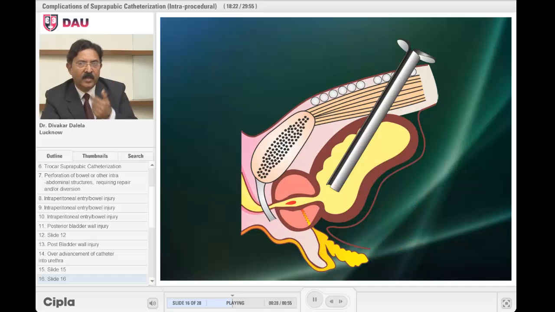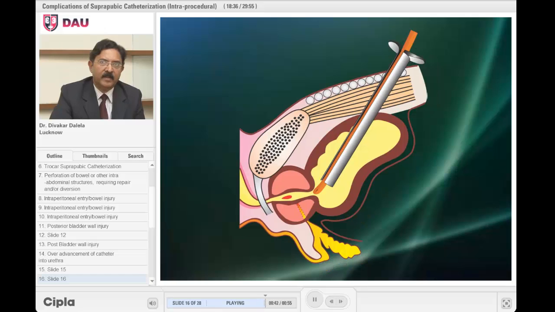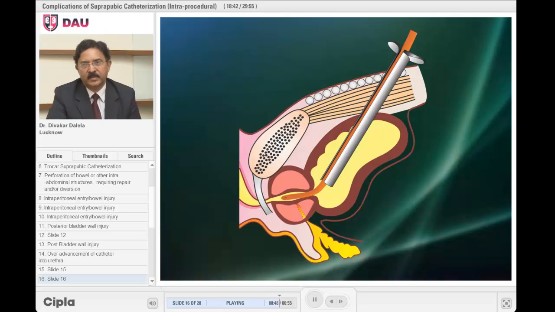And this trocar gets tilted because the bladder capacity and bladder shape change, so the trocar tilts towards the bladder neck. And look at the direction of the slotted cannula now. It is sitting right above the bladder neck. When you put the catheter through this, you are very close to the bladder neck. And if you put more of it, it goes into the urethra. So that's the way your catheter is likely to go into the prostatic urethra.